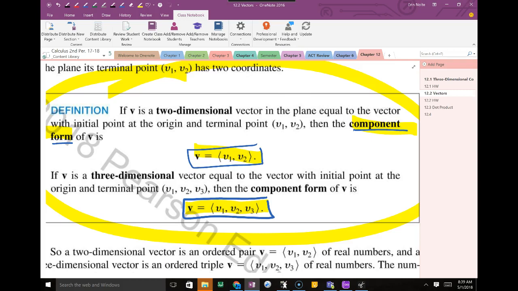Okay, so in the past we've seen a point represented with parentheses. A vector is very similar. The first value is representing your x, and the second one is representing your y. If you happen to have a third one that's in 3-dimensional space, that's your z. Okay, but instead of using parentheses, they use those kind of greater than, less than brackets. And that's how you know that they're talking about a vector.